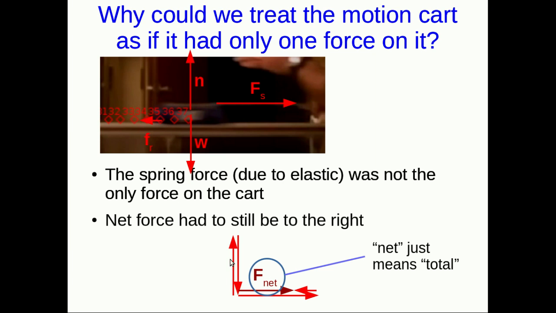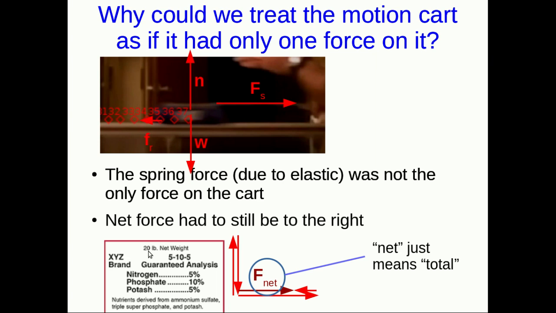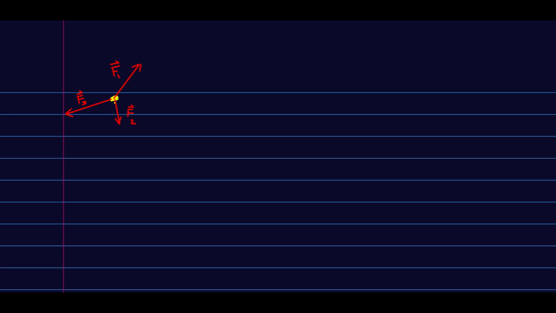It's what you get when you add everything up. So just like when you look at packaging of something you're buying and it gives you a net weight, that is simply the weight of all the contents of the package, the total weight. So when we just have some object, here's some object, I don't care what it is, but it's got three forces acting on it like so.